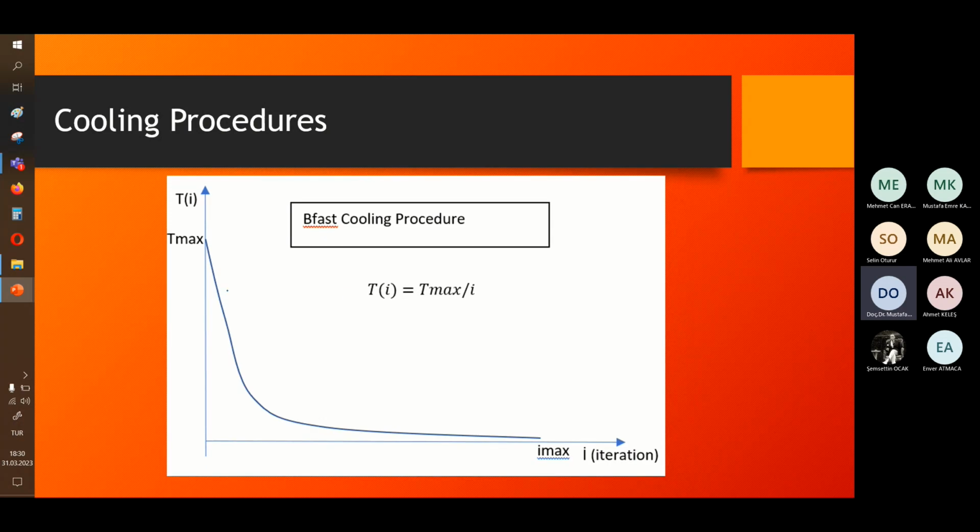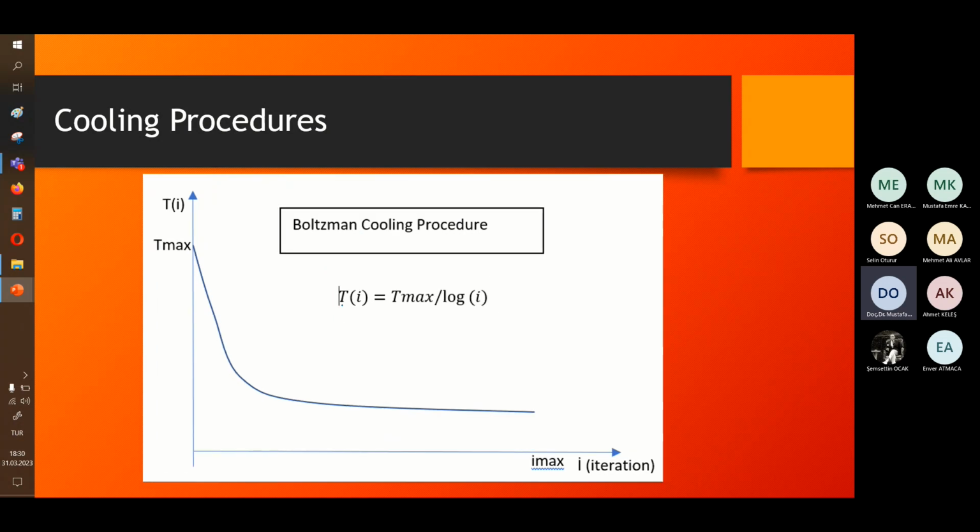Or we can cool it fast, so it will stay cool in most of the iterations, and the formulation is given here. And maybe we will prefer to cool it down fast, but not let it go to 0; it will be converging to a value called the Boltzmann value, and the formula is given like this.